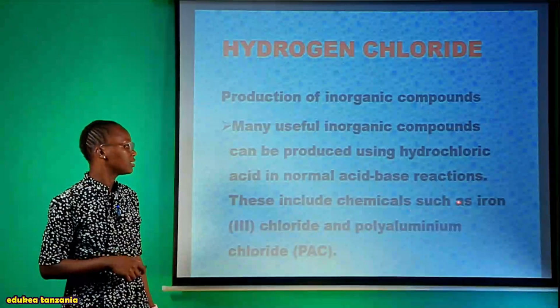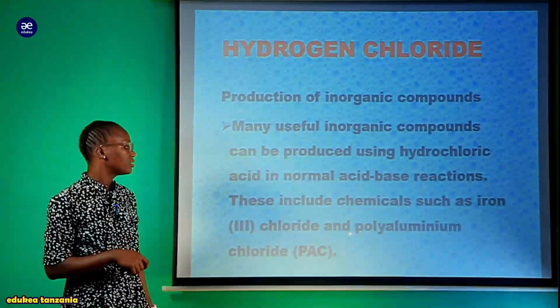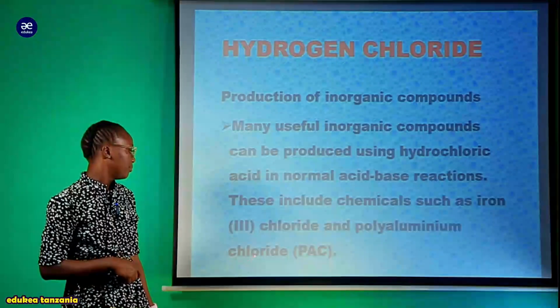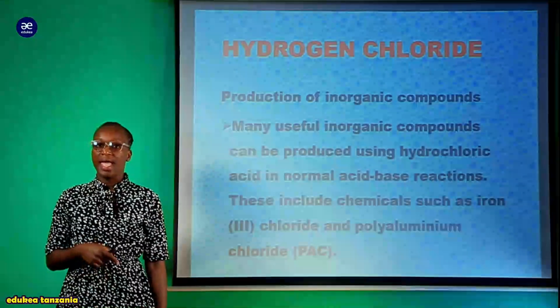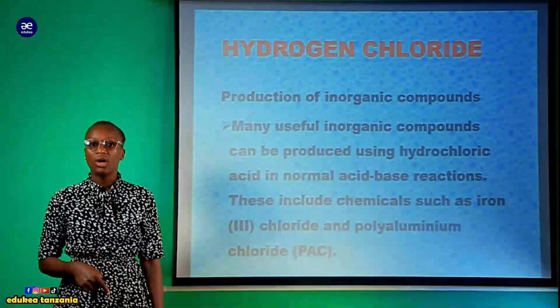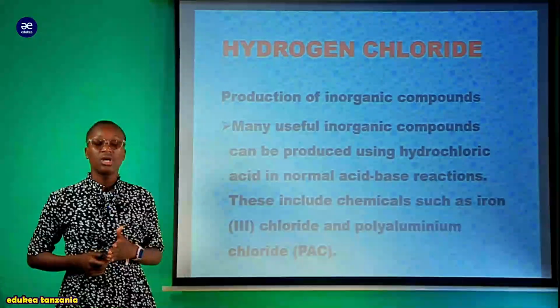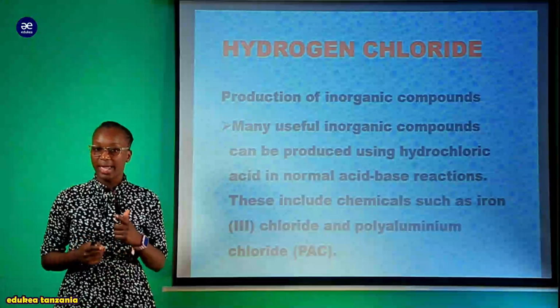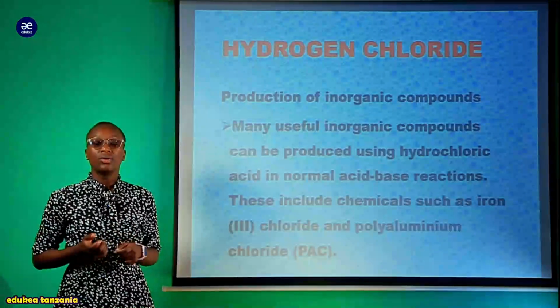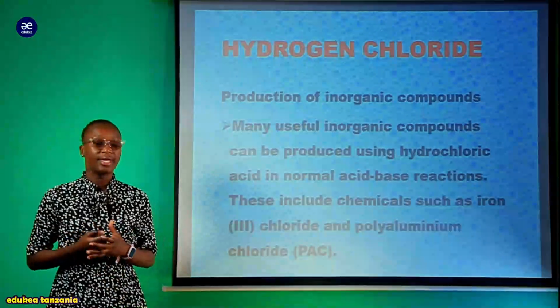This include chemicals such as iron 3 chloride and polyaluminium chloride, ambayo ni PAV, polyaluminium chloride. So this is example of inorganic compounds ambazo zinakuwa formed au zinatokea kulingana na kutumia hydrochloric acid.